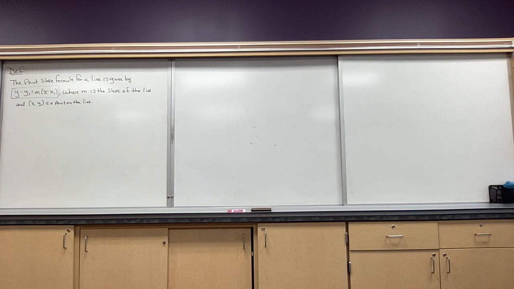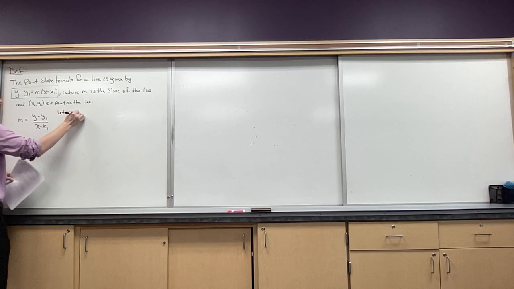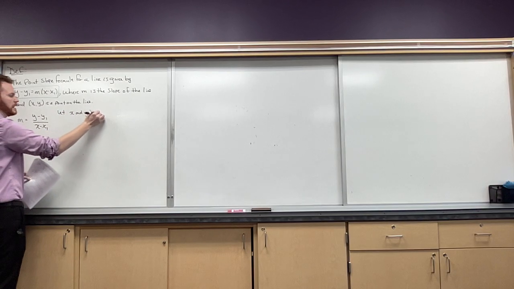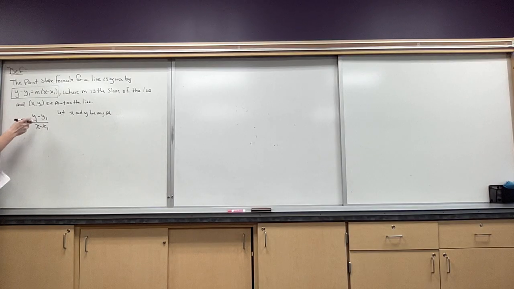Now, as a recall to last year, this is derived with the slope formula. That's where it comes from. So I'm going to derive this real quick. We're going to let x and y be any point, and then x1, y1 is a specific point.